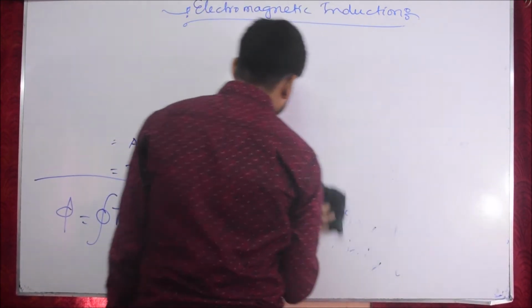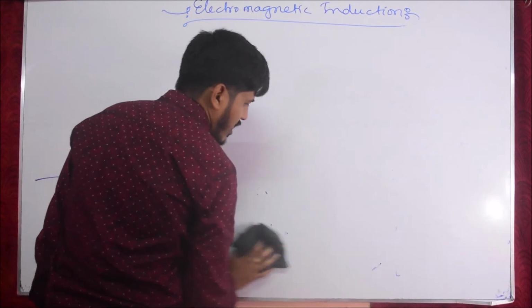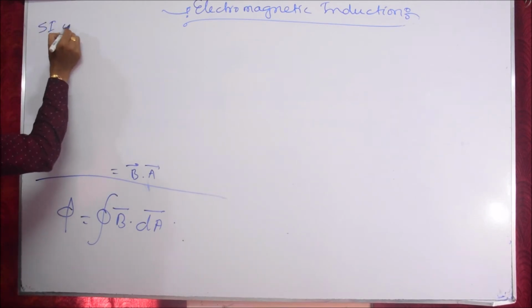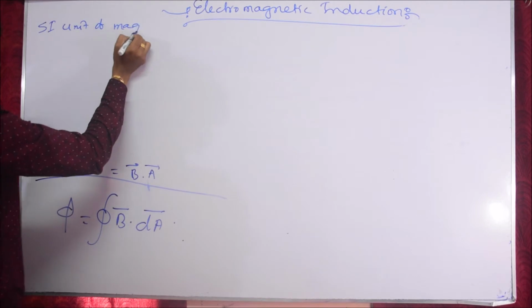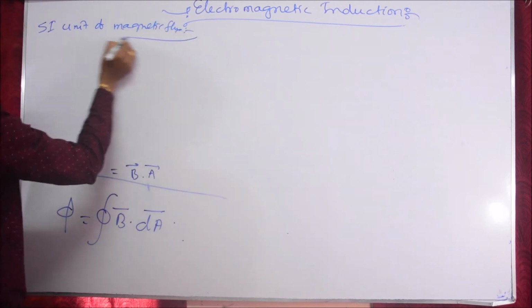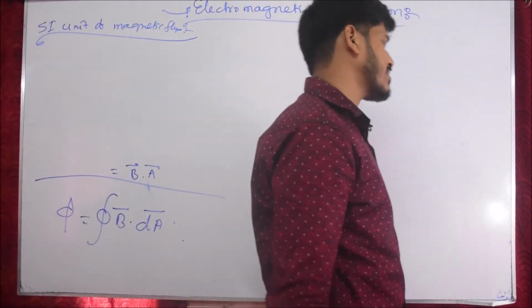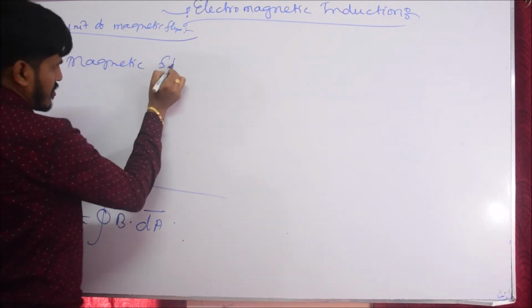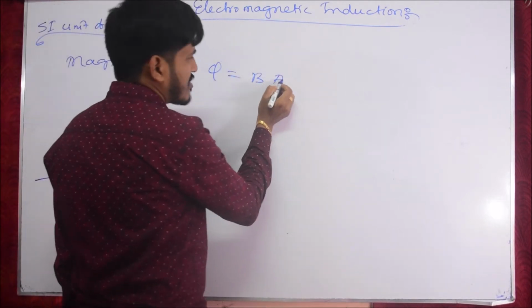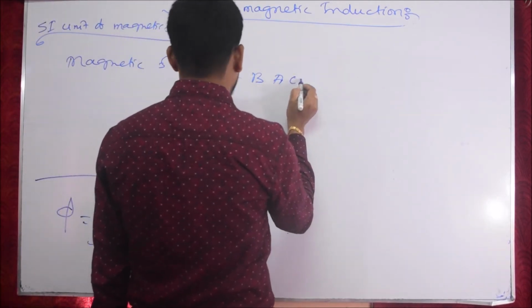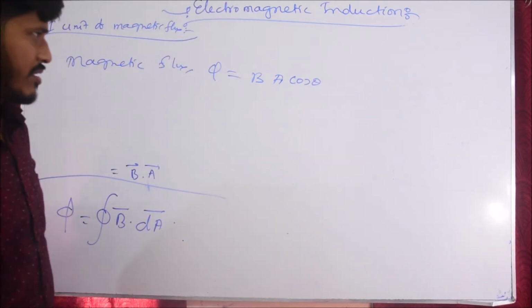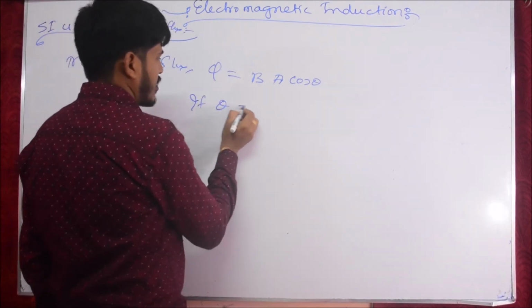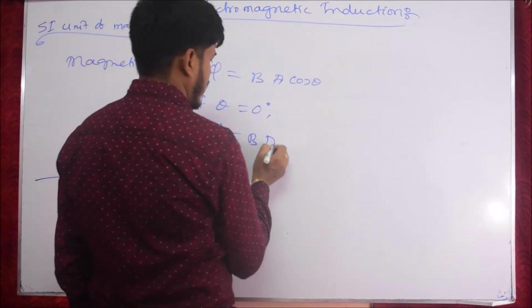So, magnetic flux phi is equal to B A cos theta, or if theta equal to 0 degree, phi is equal to B A.